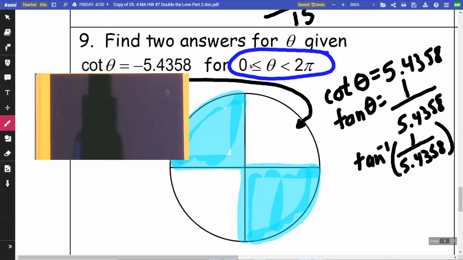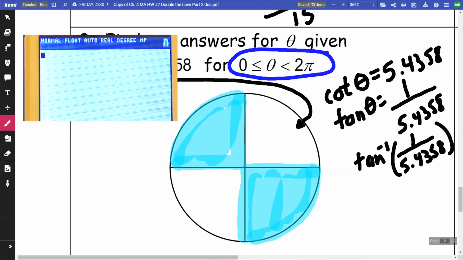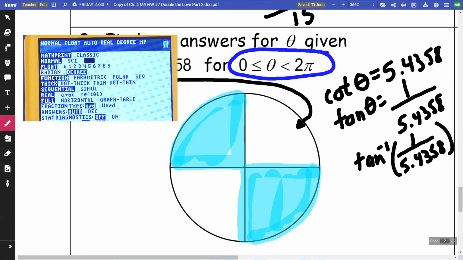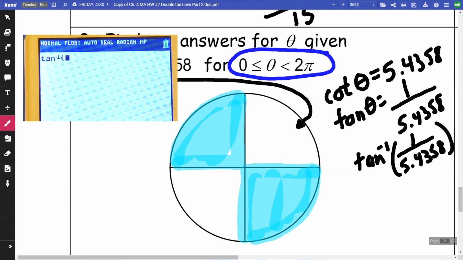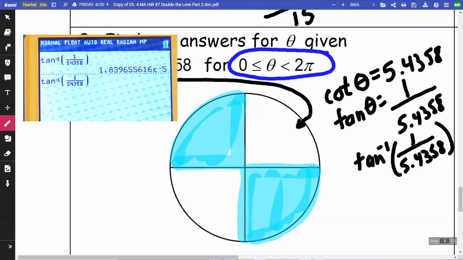So let me put that in my calculator. I want my calculator in radians, number one. And then I'm going to do tan inverse of 1 over positive 5.4358.